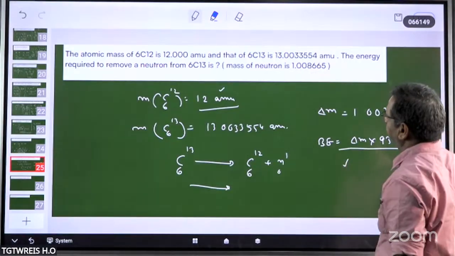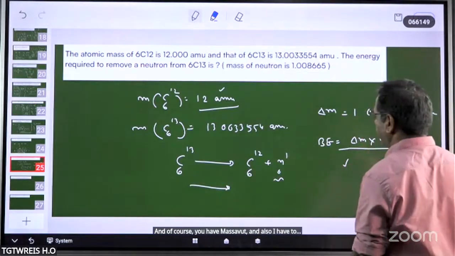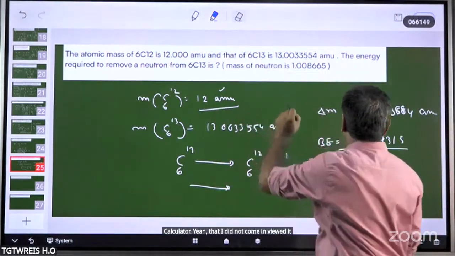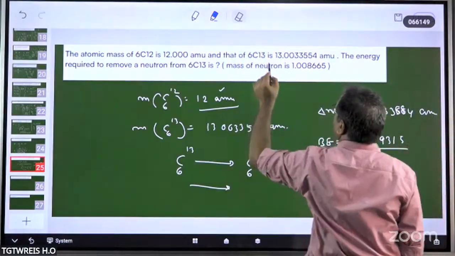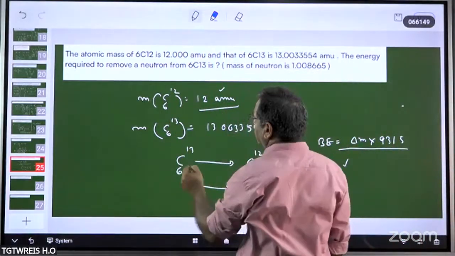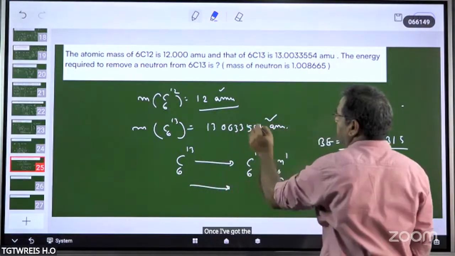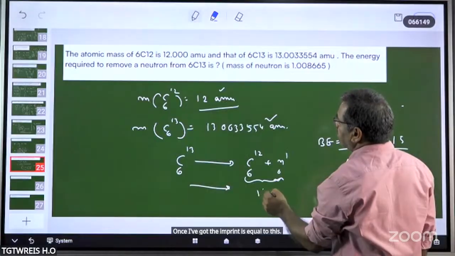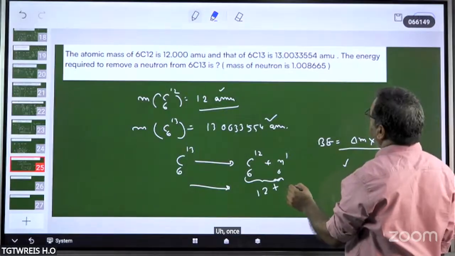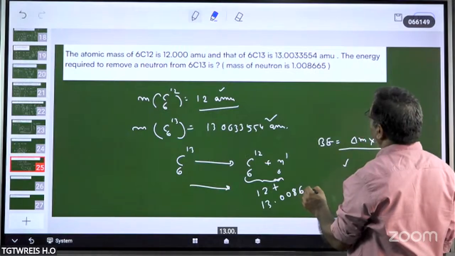You please calculate. And of course, here the mass of the neutron also we have to include. I did not include it here, wrongly; I have taken it wrong. The mass of the reactant is equal to 12 plus the mass of the neutron 1.00, so we get 13.0086665.